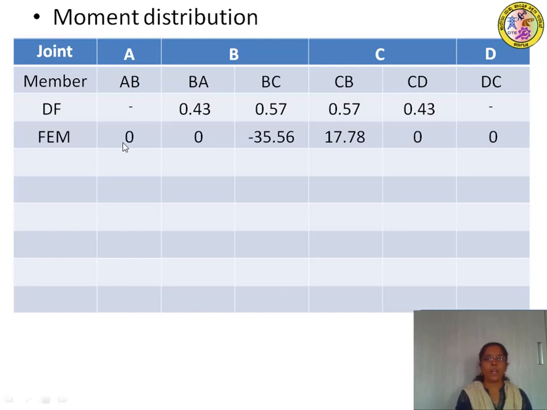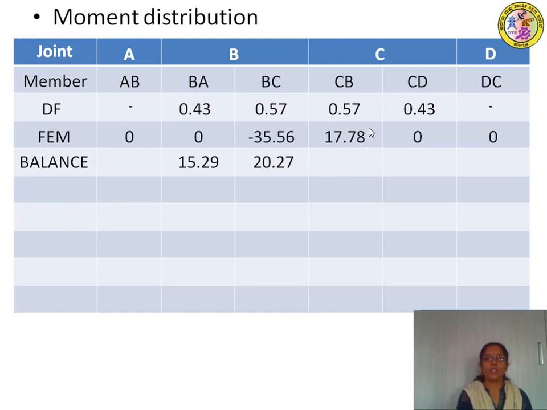Since ends A and D are fixed, there is no need to balance the extreme joints. Straight away we can go for balancing the intermediate joints, that is joint B and joint C. Joint B is imbalanced by minus 35.56, therefore balancing moment will be plus 35.56. So 35.56 into 0.43 will be equal to 15.29, and 35.56 into 0.57 will be equal to 20.27.